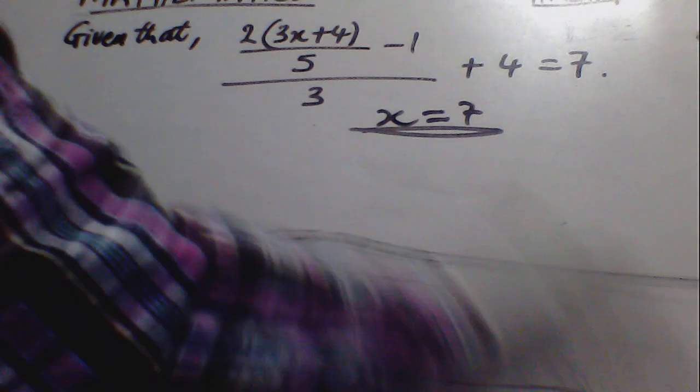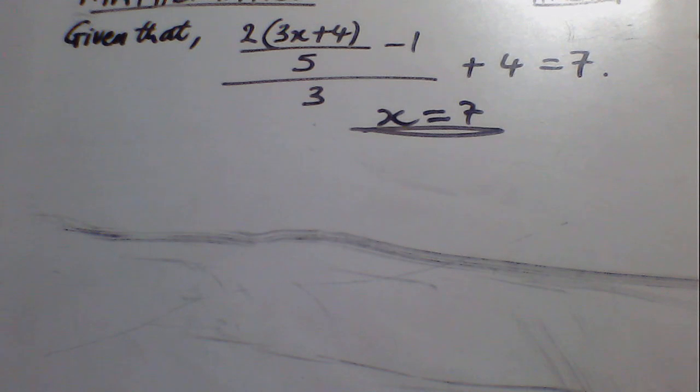So can we check it to prove that x is equal to 7? From the given equation, 2 in bracket 3x plus 4 divided by 5 minus 1, all divided by 3, plus 4 is equal to 7. Let's check it. Let's start from the left hand side.